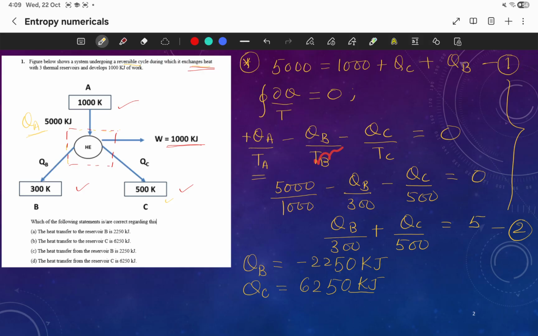Now let's see what the answers are. The heat transfer to reservoir B is 2250.